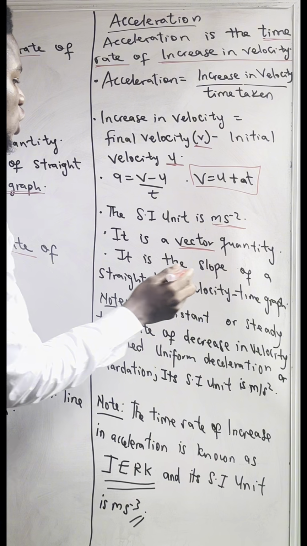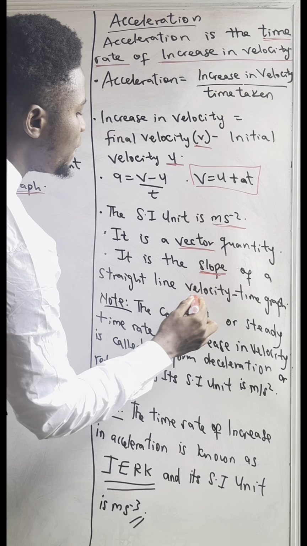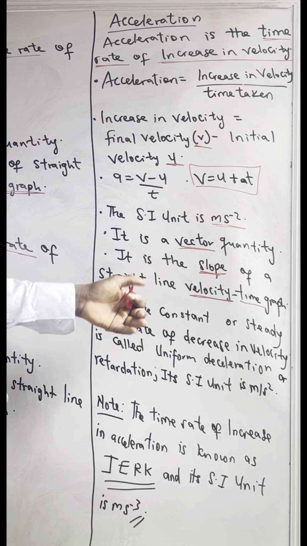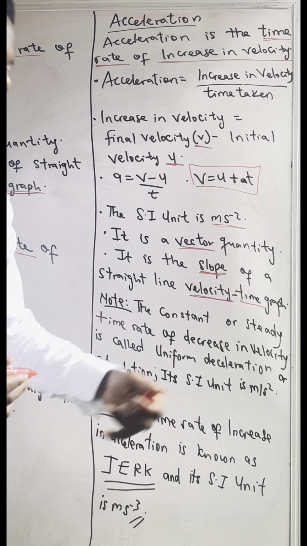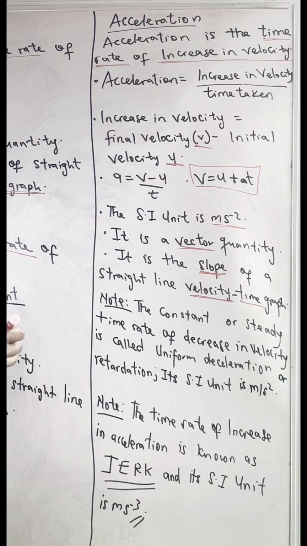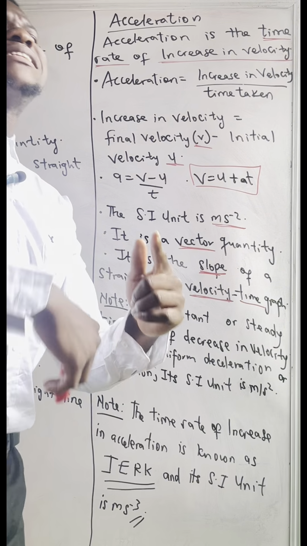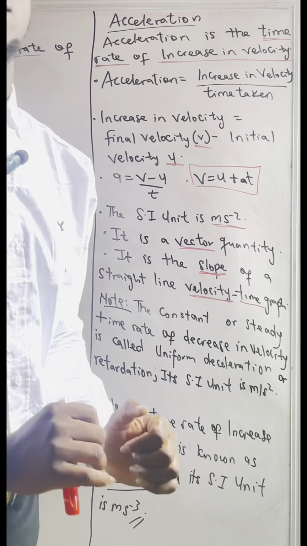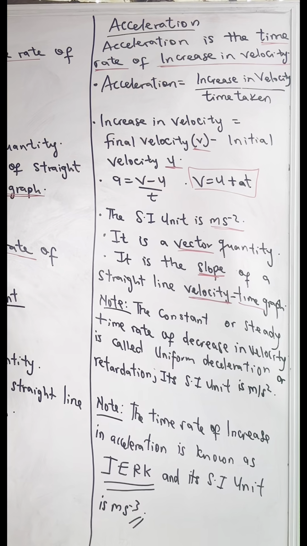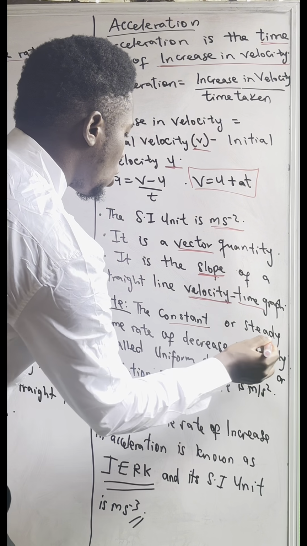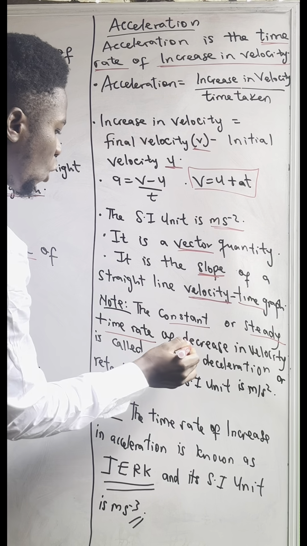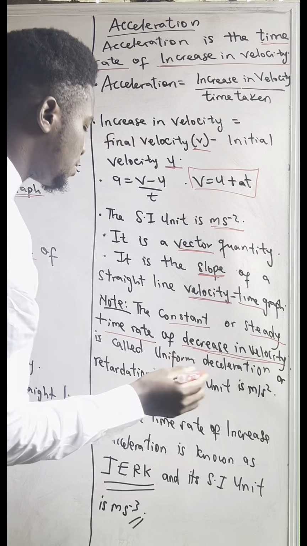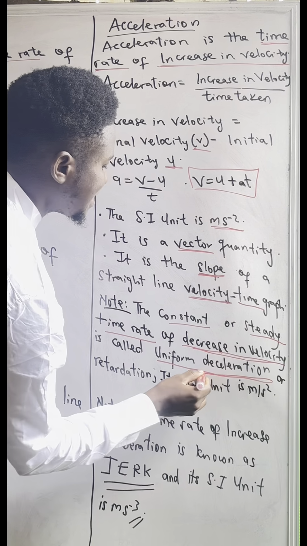And acceleration is also the slope of the velocity-time graph, because acceleration is velocity over time. Then you have to know that if we can have an increase in velocity, we should also have a decrease in velocity. The constant or steady time rate of decrease in velocity is what we refer to as uniform deceleration.